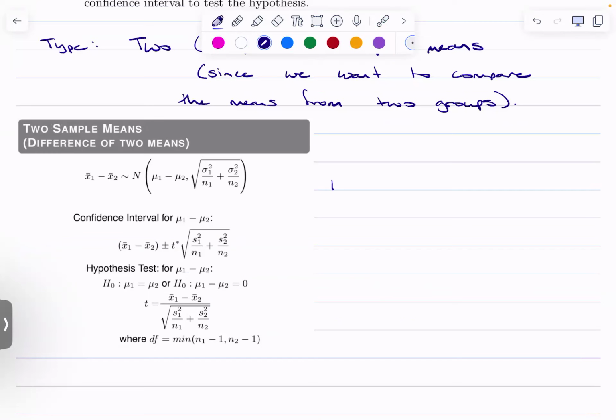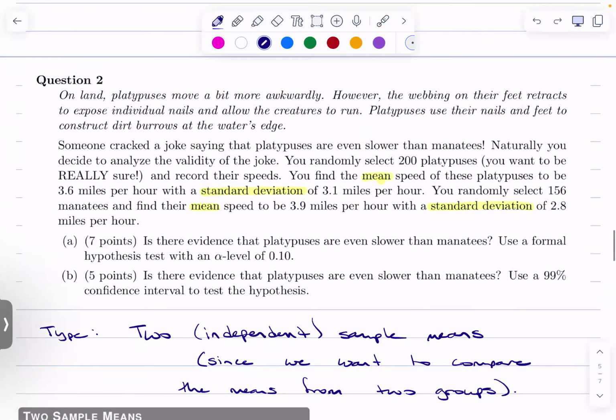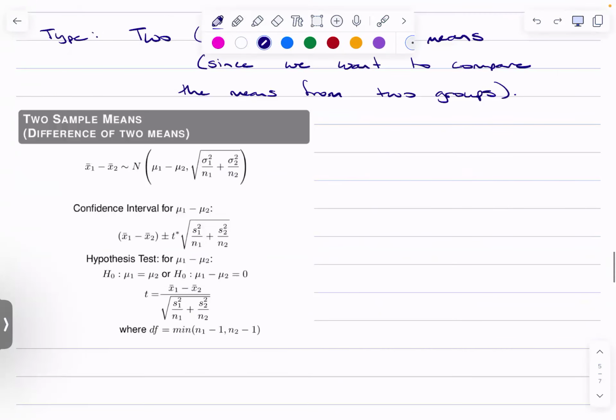Might have something like this. I think our first group was the platypuses. I'll do platy and the manatees. I guess I could do both written out properly. Now I know each of them are going to have a sample size, not even necessarily the same.